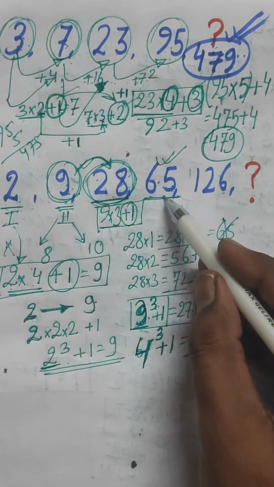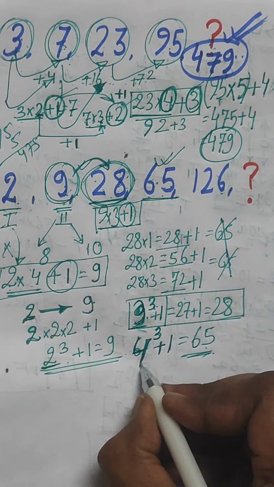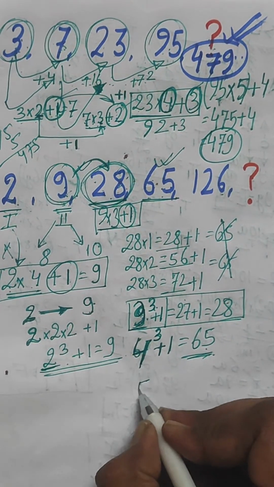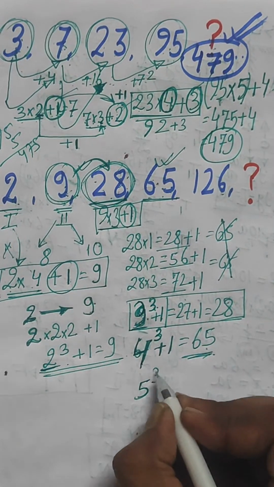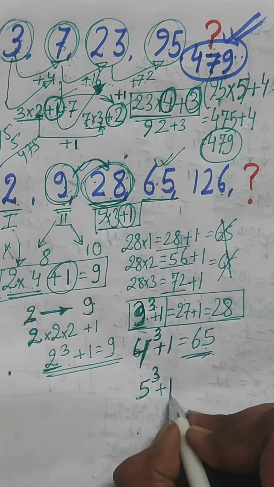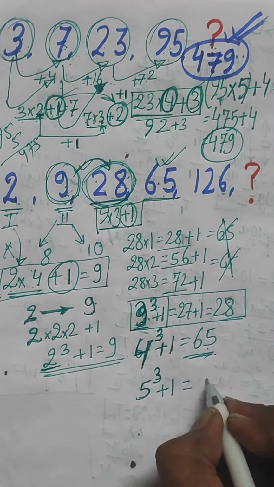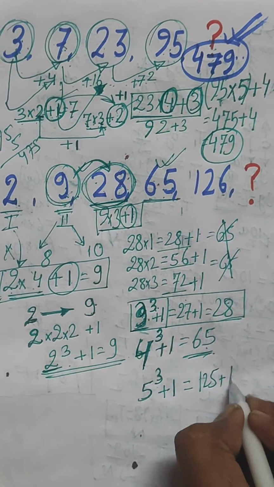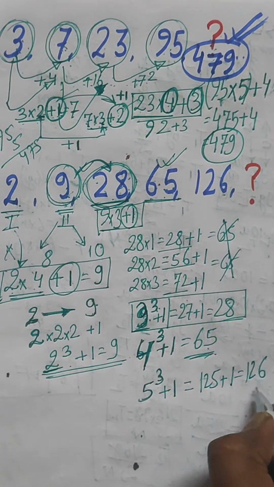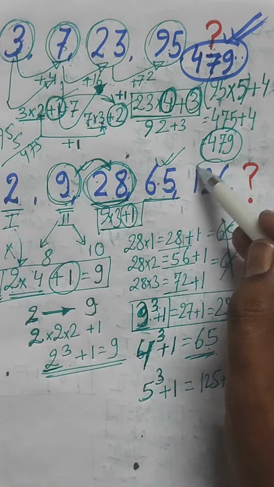And when you take the consecutive next number 5, then 5 cube plus 1 will be what? That is 125 plus 1, which is equal to 126. That means this logic is working.